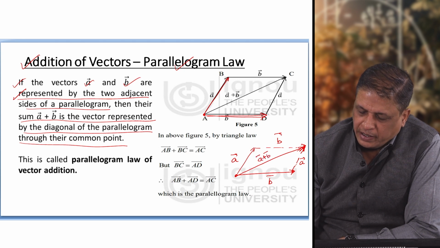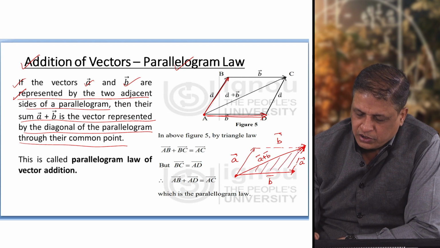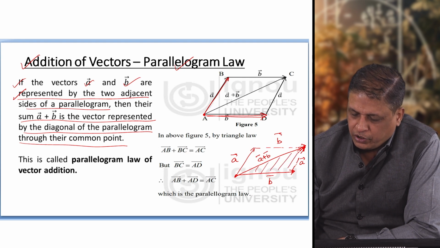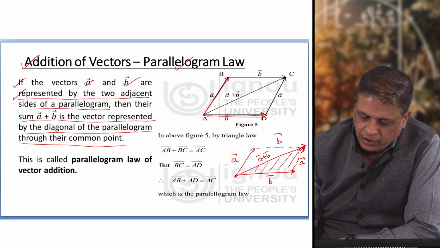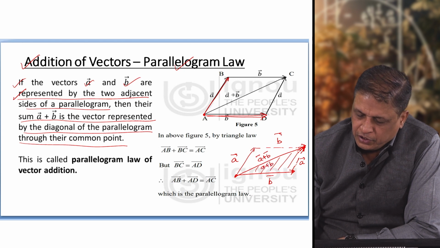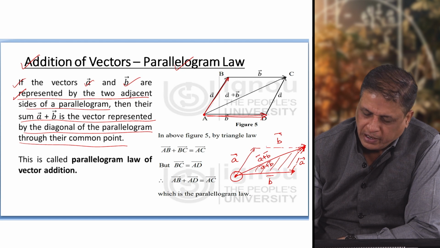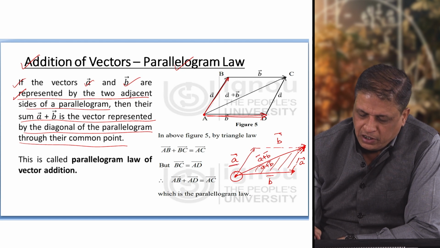On applying the triangle law of addition of vectors onto this triangle also, from the starting point of B to the terminal point of A, again this will be A plus B. So, that means the adjacent sides of the parallelogram are AB and AD.